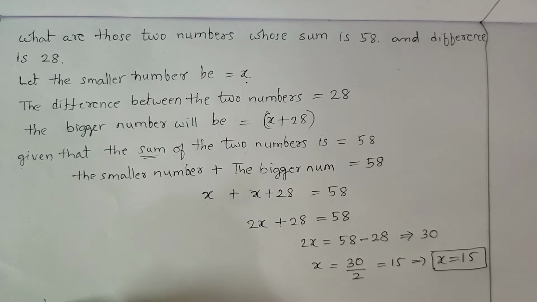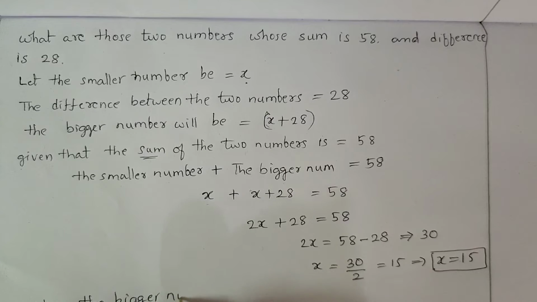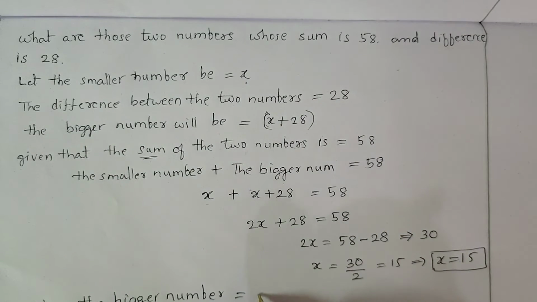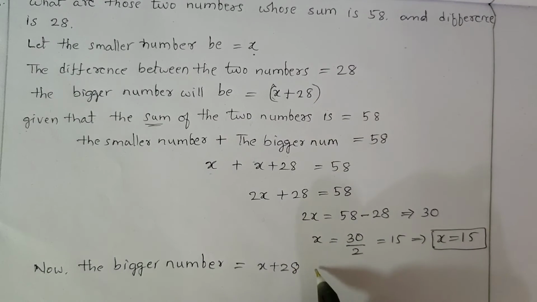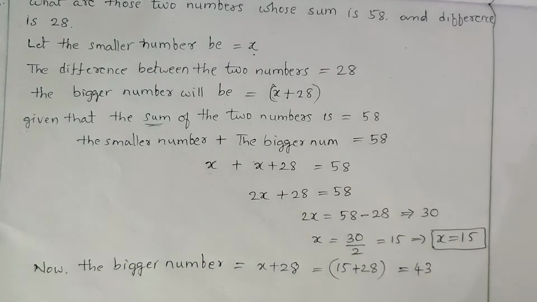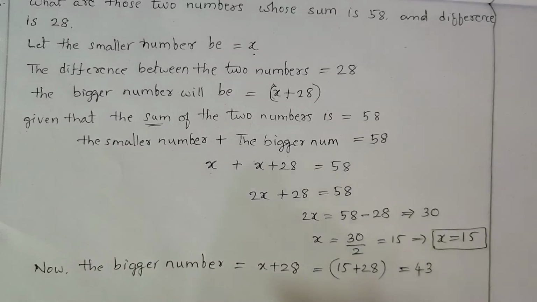So x, the smaller number, equals 15. Now let us write the bigger number. The bigger number is equal to x plus 28. We know that x equals 15. So write 15 plus 28. That equals 43.